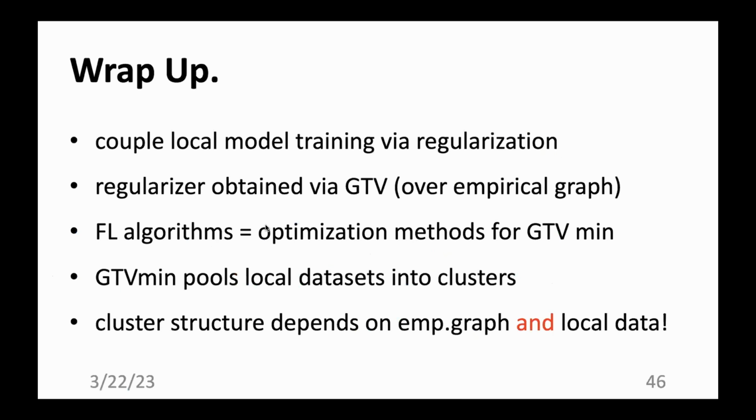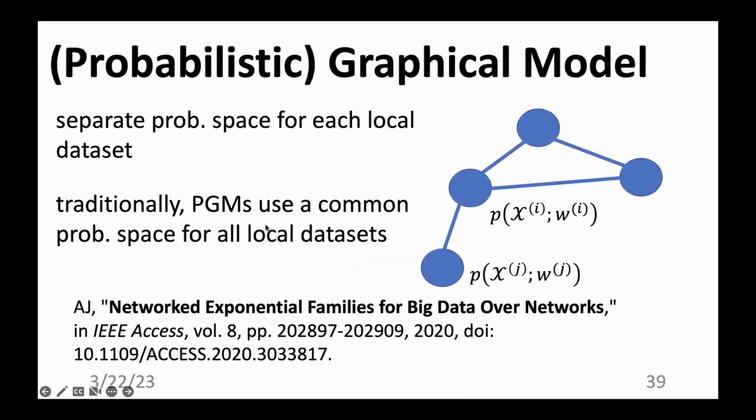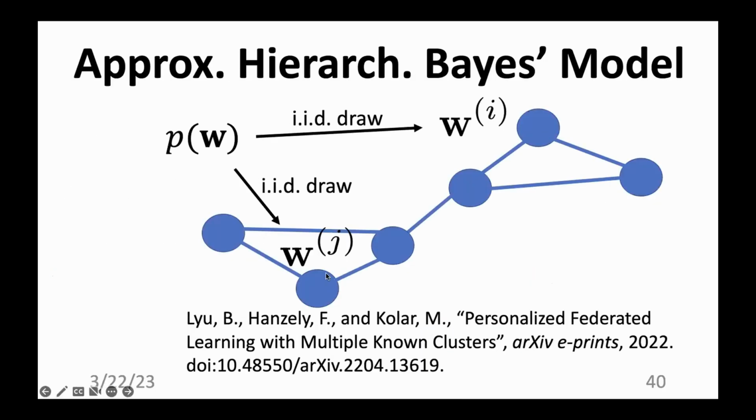Yes, so local data sets that are connected in a graph, you mean a local data set here is connected to the local data set there because the nodes are connected. This per se is not enough. If we only used this connectivity to say these two should be pooled, then we would always pool all local data sets as soon as we have a connected graph. So we typically need to be more selective about when to pool local data sets.